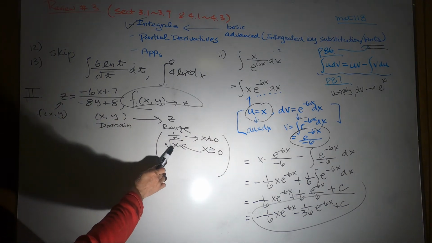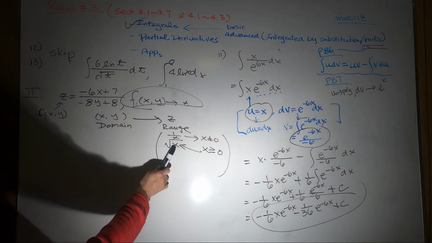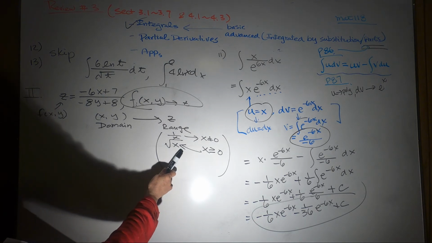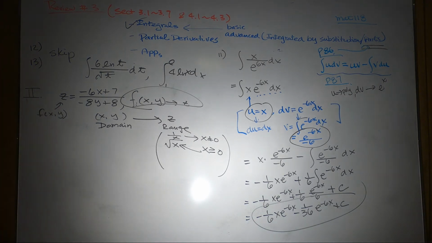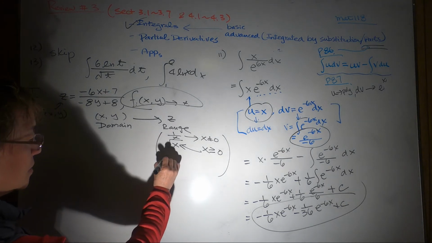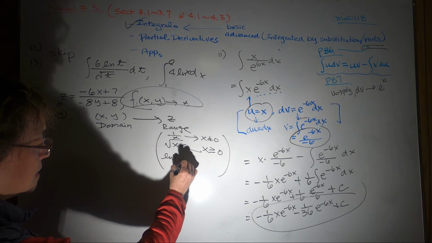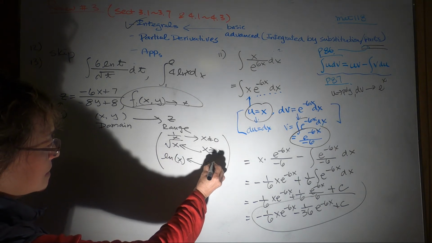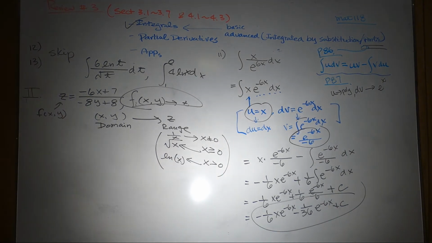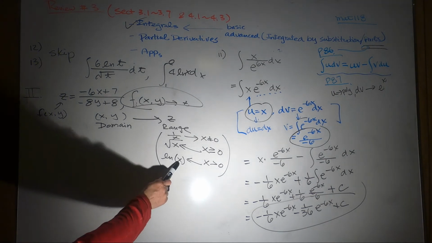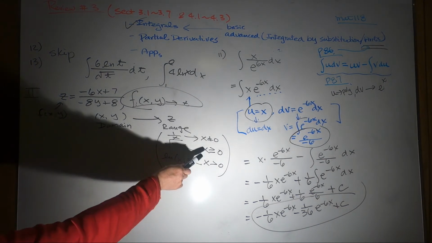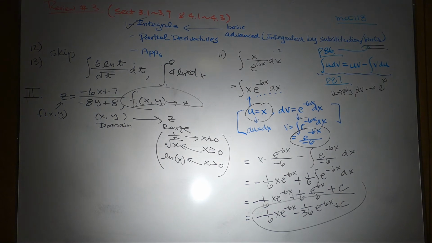Then if it's an even radical, the inside of the radical has to be positive to take an even root, right? And another one is the inside of the log has to be positive, cannot even be 0, has to be positive. So those are the 3 restrictions when you work with a function.